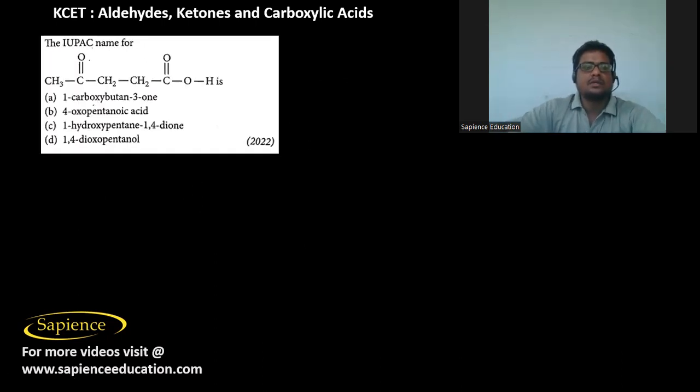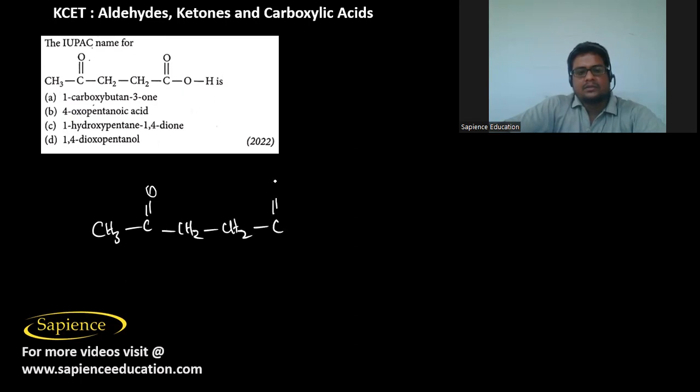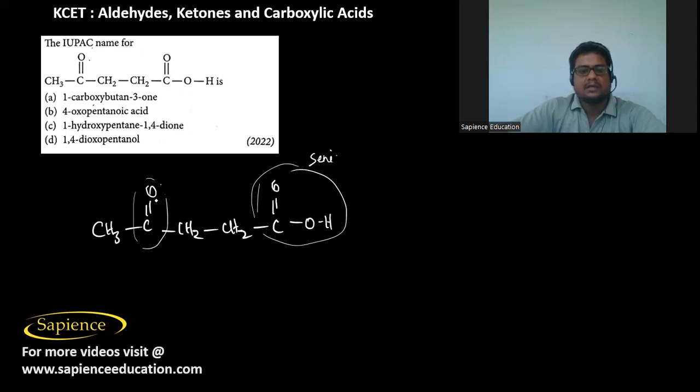And here it is asked the IUPAC name for this compound, CH3CO CH2 CH2 COOH. So it is obviously a carboxylic acid, and this is the ketone. Now as we know, carboxylic acid has higher seniority than the ketone group.